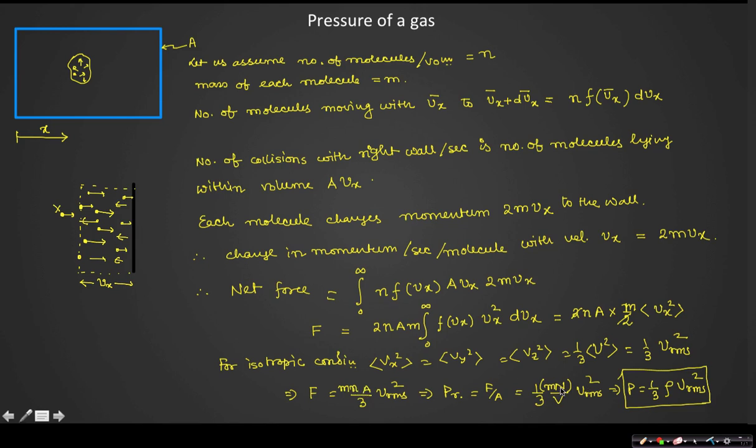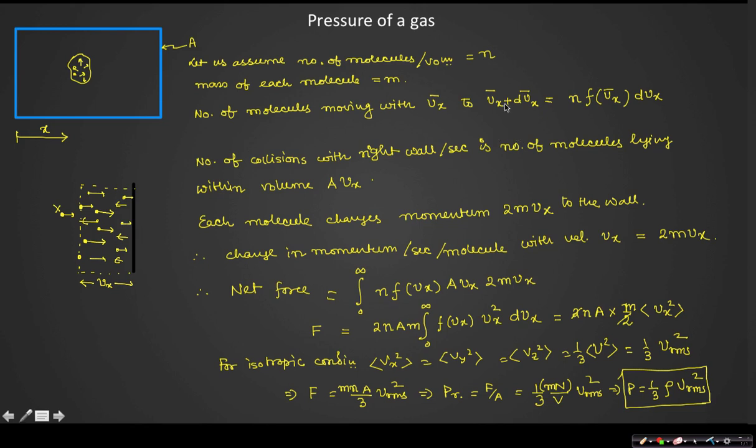So if I say it is capital N by V, where capital N is the total number of molecules, then capital N into m is the total mass of the gas, divided by volume is the density, and if I divide force by area, then I can say it is a pressure. So that is 1/3 rho Vrms square. That is the correct proof of this pressure of a gas, I think, because I have taken Maxwell's distribution function.